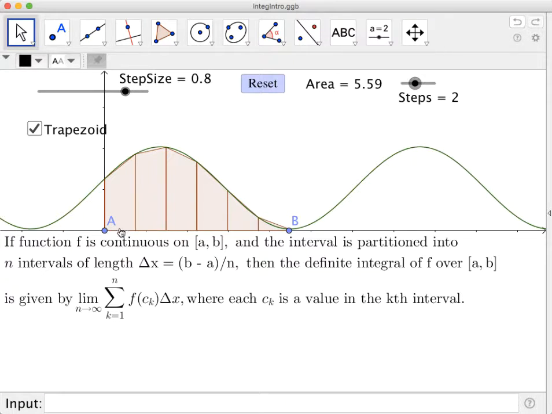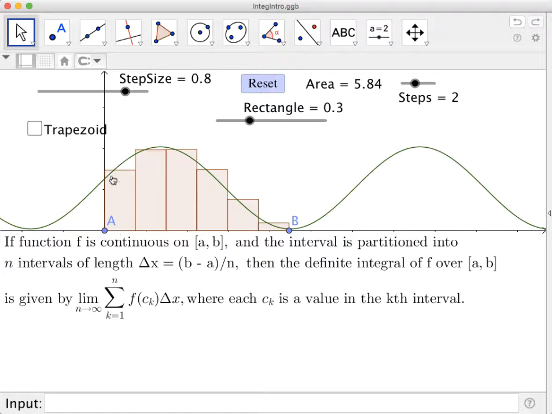So if our function f is continuous on the interval from a to b, and the interval is partitioned into n intervals of length delta x, each of which is (b minus a) over n, then the definite integral of f over the interval a b is given by the limit as n approaches infinity of the Riemann sum, where again c sub k represents some value inside the interval that we choose to set as the height of that particular rectangle.